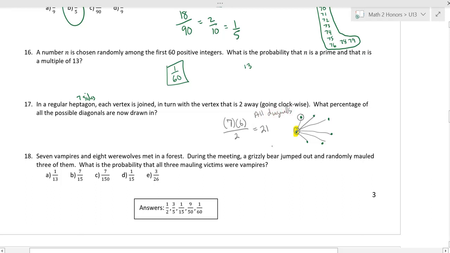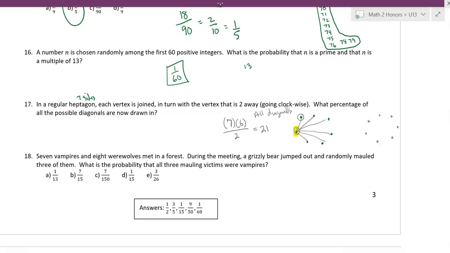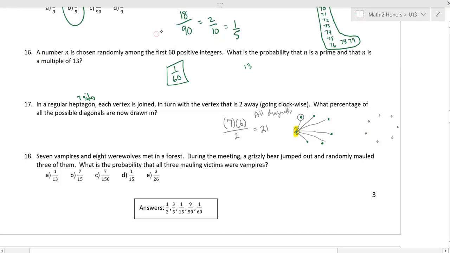Okay. Now in our case here, we start with our 7. 1, 2, 3, 4, 5, 6, 7. And let's say I focus on this vertex here. It connects to 2 away going clockwise. So that can only connect to this one. So that's 1.